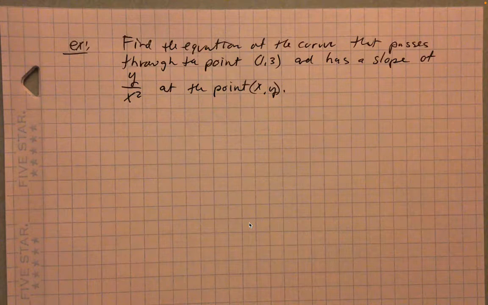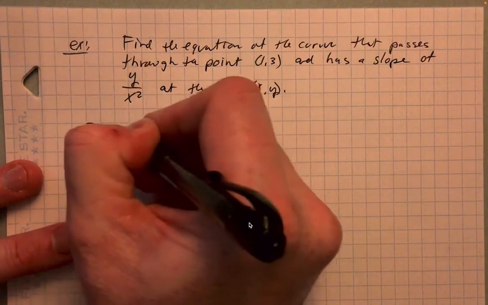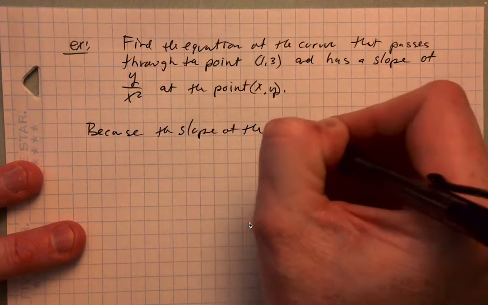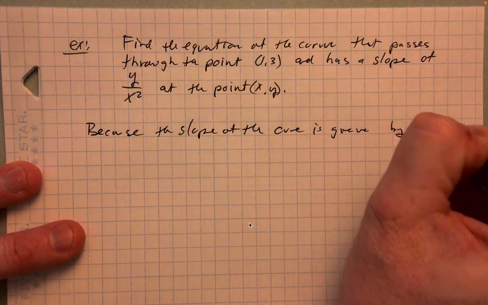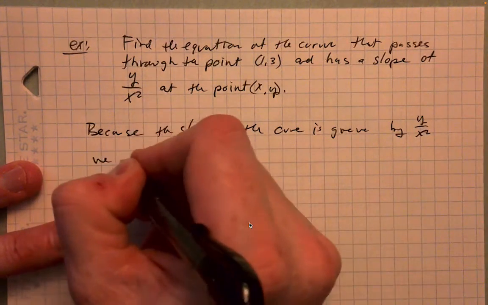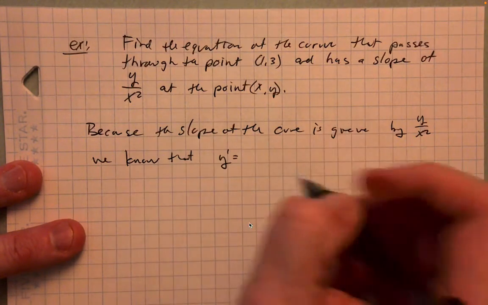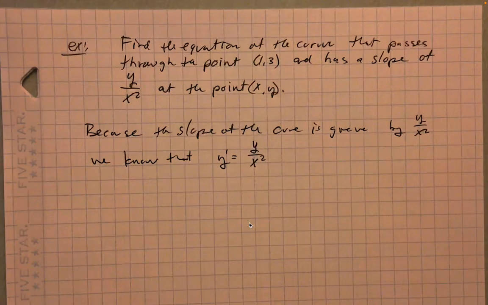Because the slope of the curve is given by y over x squared, we know that that must be the derivative, so y prime equals y over x squared.